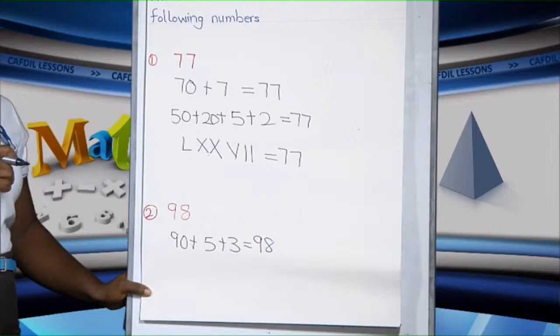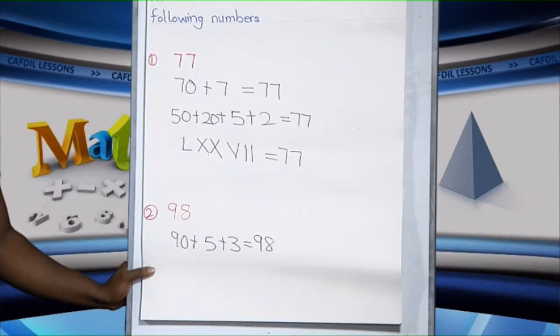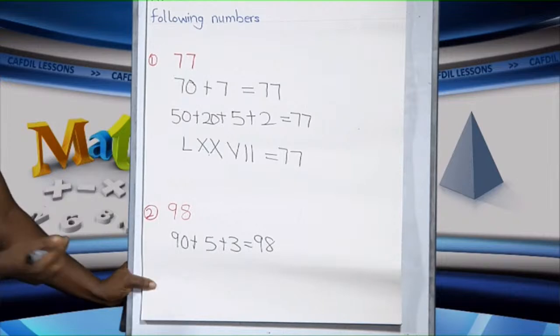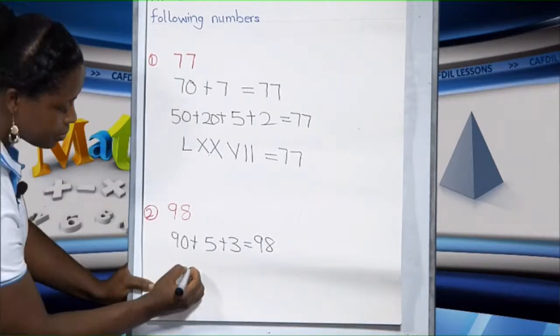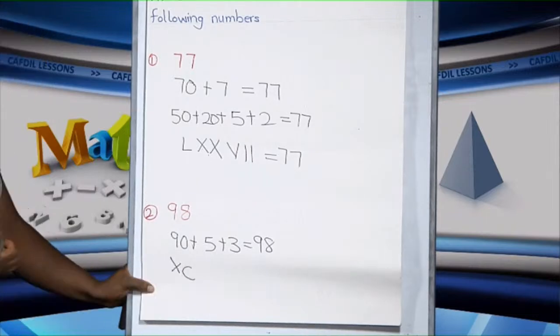And one of the rules says, if a smaller number is written before a larger number, it means subtraction. So C is 100. We can write X over here.